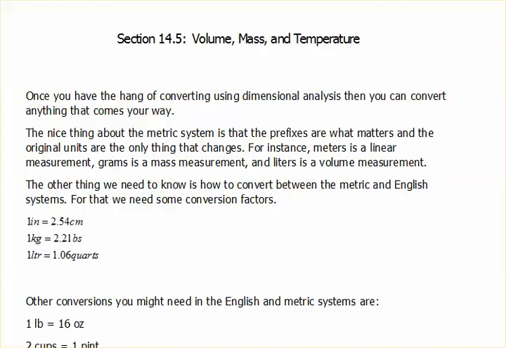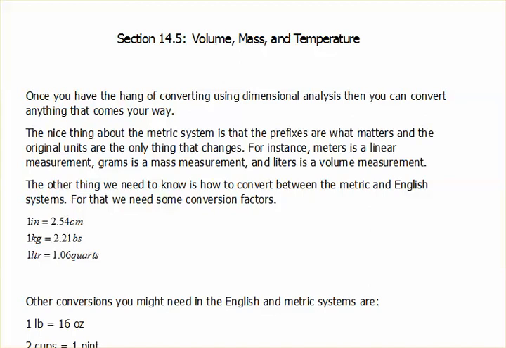And the beauty of the metric system is that the prefixes are all that matters. We change our original units, meaning meters is our linear measurement, grams is a mass measurement, and liters is a volumetric measurement. Those things change, but our prefixes don't change. So, for instance, kilo, when it's in front of meter, means 1,000 meters.